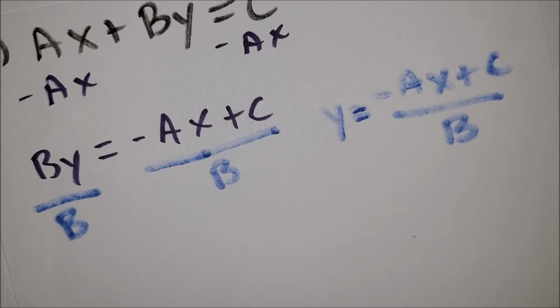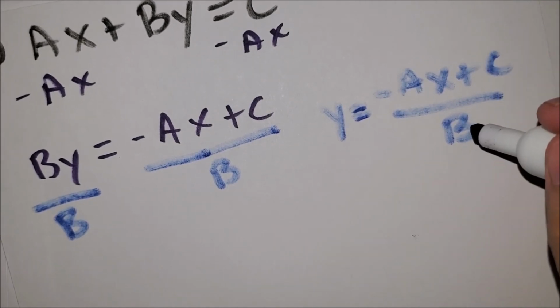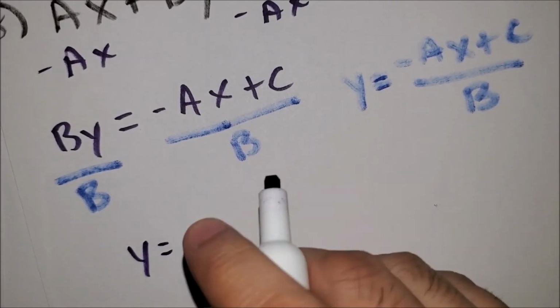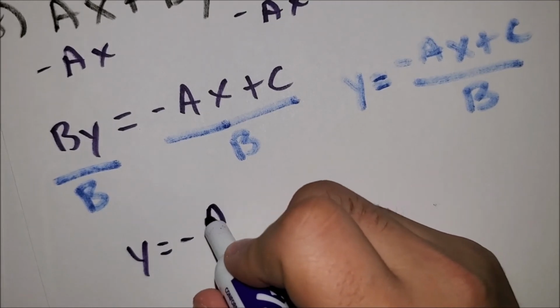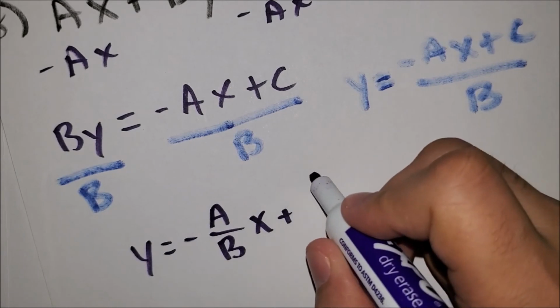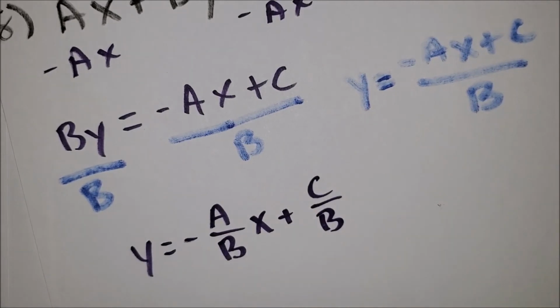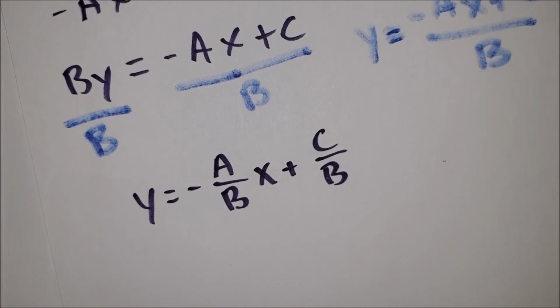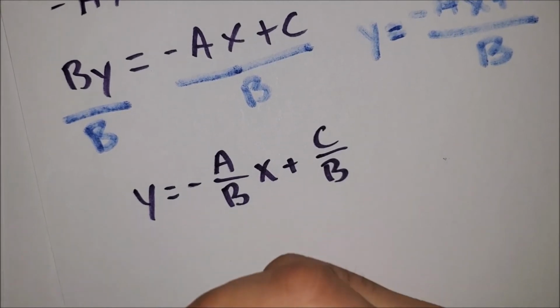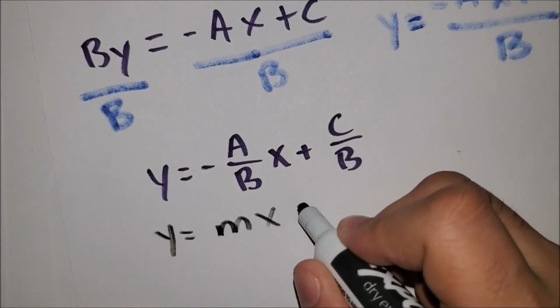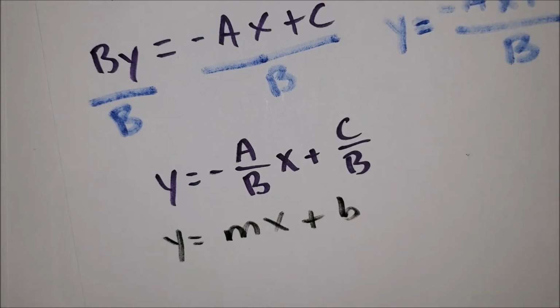Now, one of the things that's really useful about doing this is if we separate these into two separate fractions, we'll get something that looks like this. y equals negative a over b x plus c over b. This is actually something that we are familiar with. This is the same thing as y equals mx plus b.